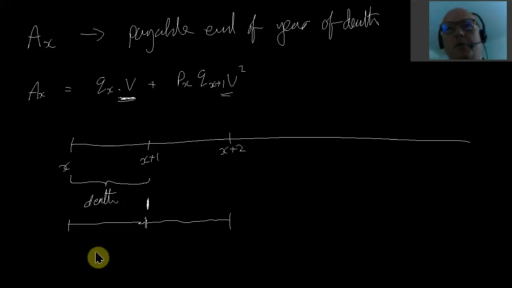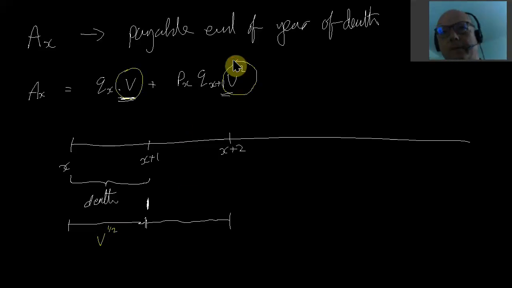So we want to replace the v here with a v to the half. We want to replace the v squared there with a v to the 1.5.